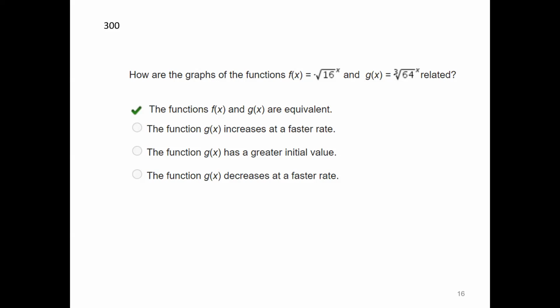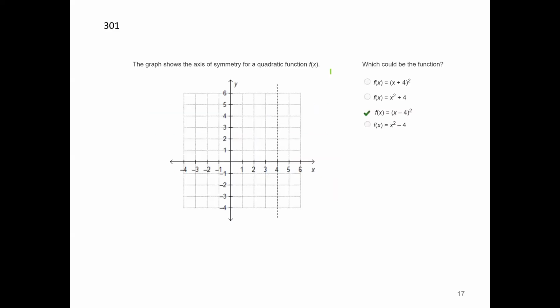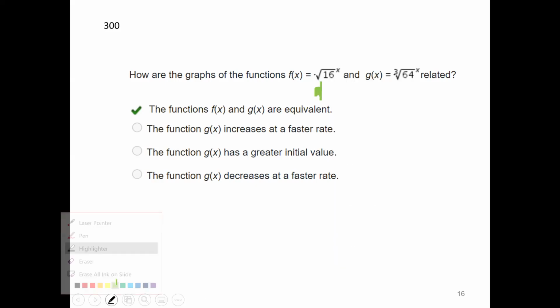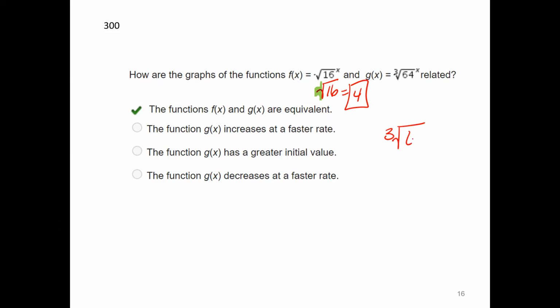So how are the graphs this and this related? So take a moment, take a look at this. If you take a look at the first one right there, what is the square root of 16? Square root of 16 is 4, right? What is a cube root of 64? So what this is saying is that you need to have three numbers that are exactly the same, multiplied together to give me a 64.